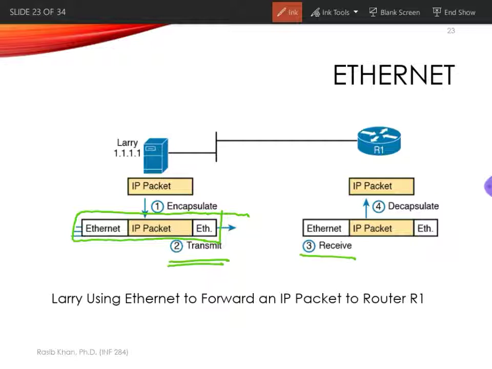Next, R1 receives the packet, verifies the Ethernet header and trailer, and then looks at the IP packet and extracts it. So this specific operation where it extracts the IP packet is called decapsulate or de-encapsulation.